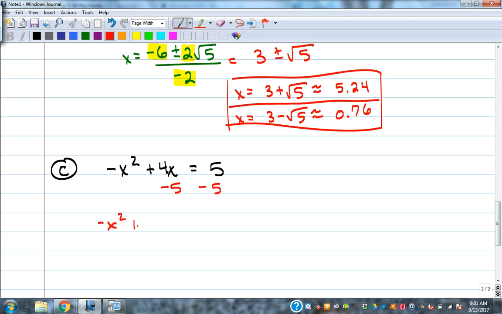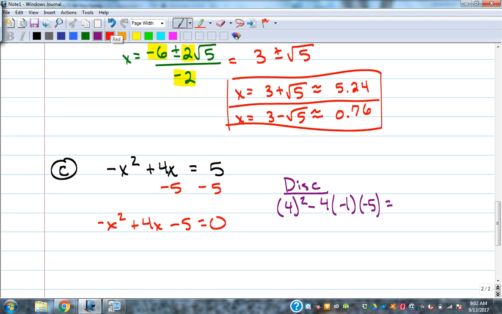Negative x squared plus 4x minus 5 equals 0. And if you don't like all those negatives in there, just divide everybody by -1. It changes their signs. Okay? Discriminant: 4 squared minus 4 times -1 times -5.